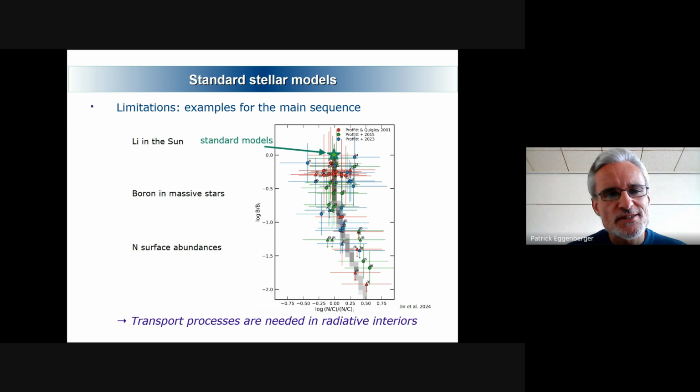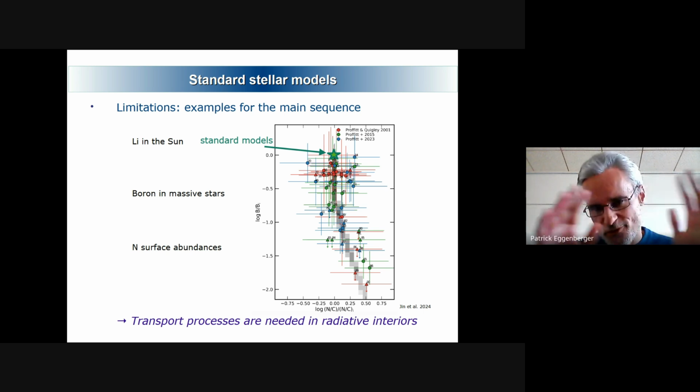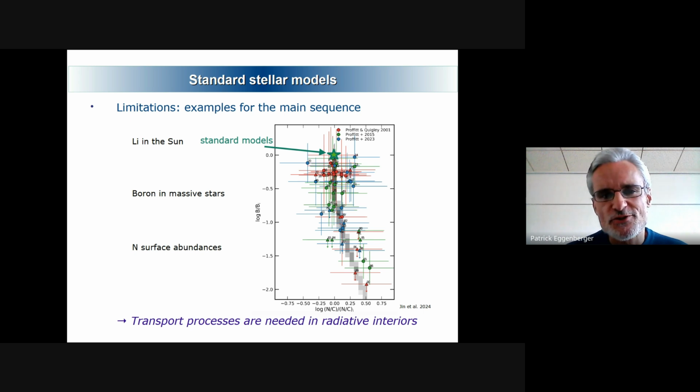On the main sequence, this star will be mainly characterized by a convective core, and then you have a radiative envelope. Historically, what is interesting is that for the spectroscopic abundances at the surface of this star, we see some abundances that are difficult to discuss within the framework of standard stellar models.